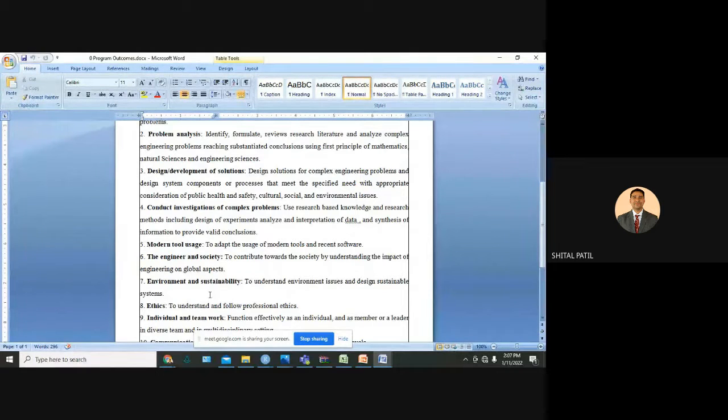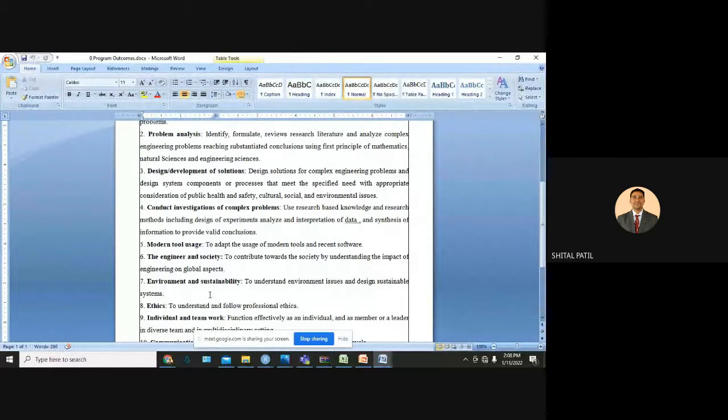These attributes are known as POs. Fortunately, India was one of the signatory countries when this Washington Accord was accepted in the late 90s.